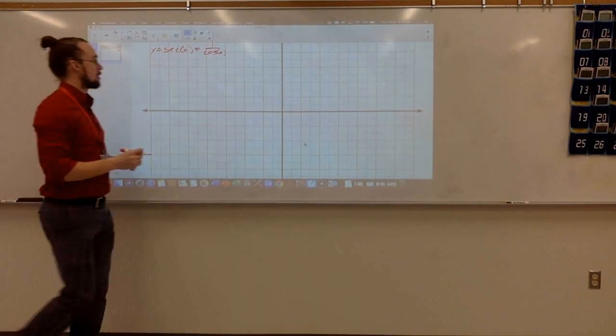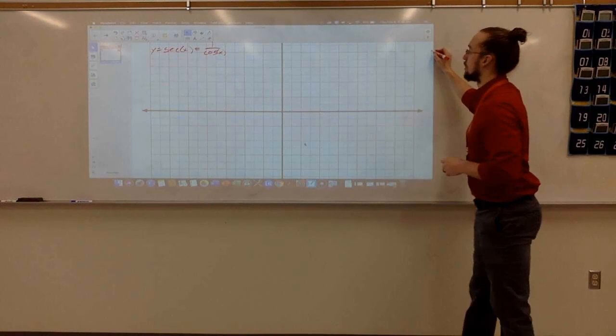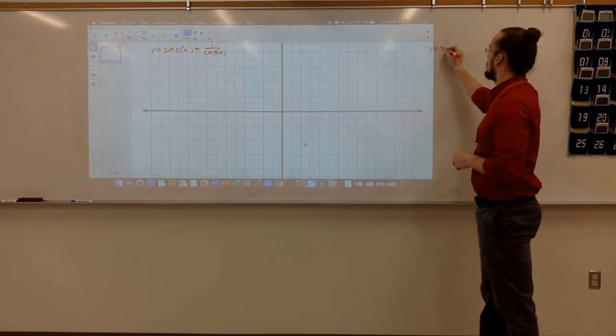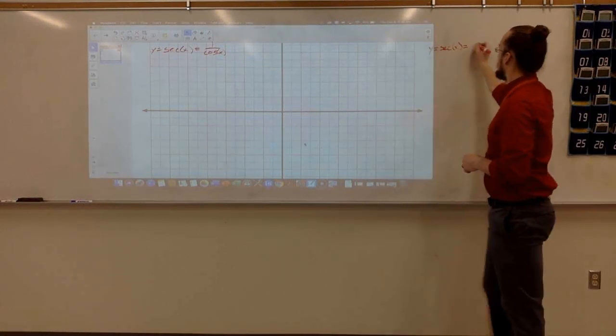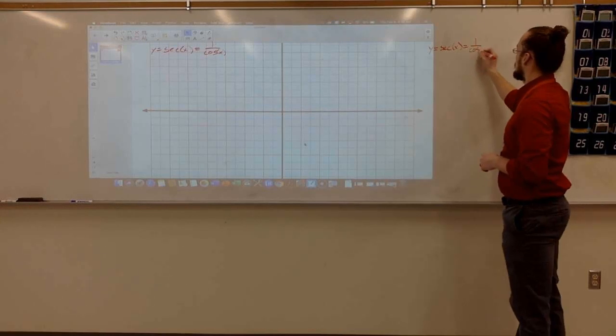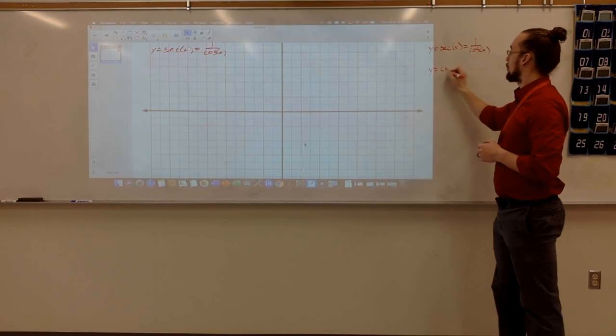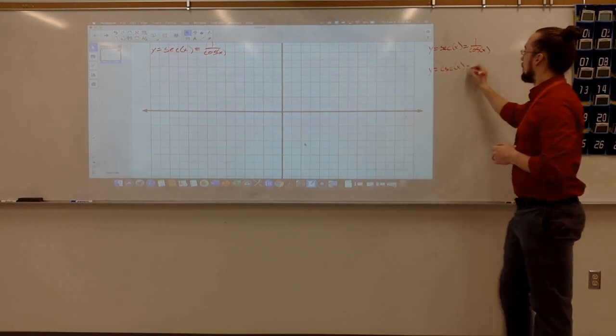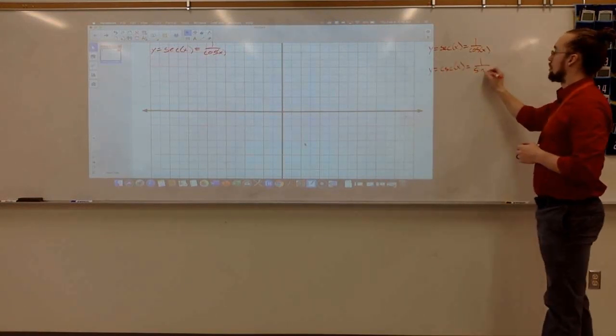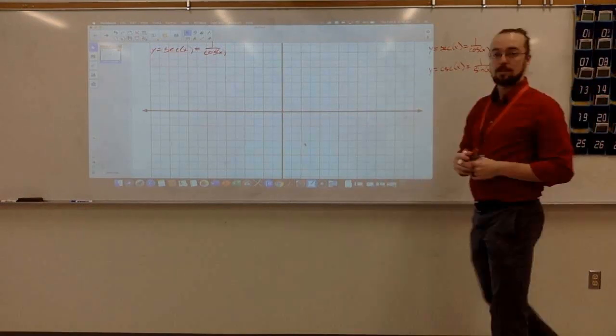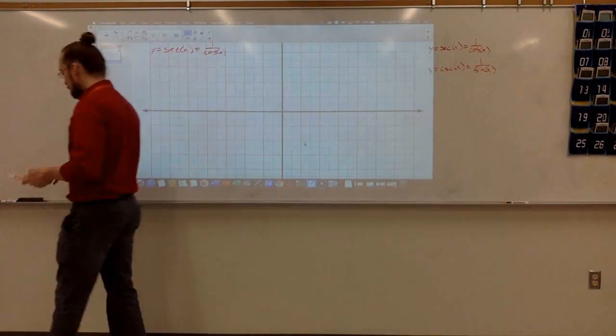Actually, I want to write these over here, so I'm going to write the functions up there. So secant of x is 1 over cosine of x. And then cosecant is the same as 1 over sine of x.